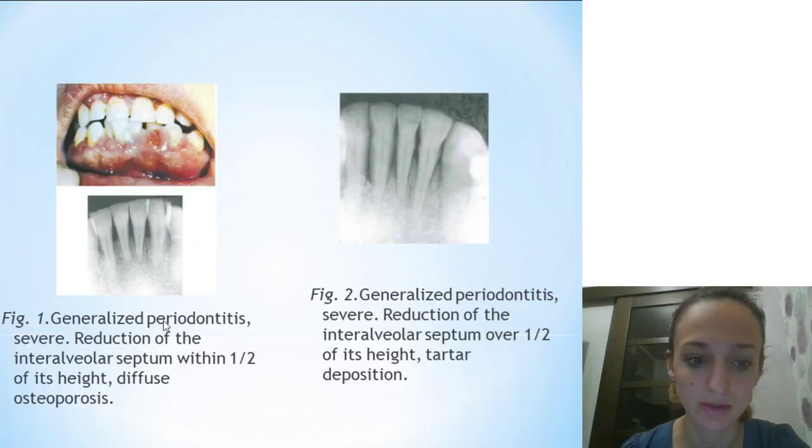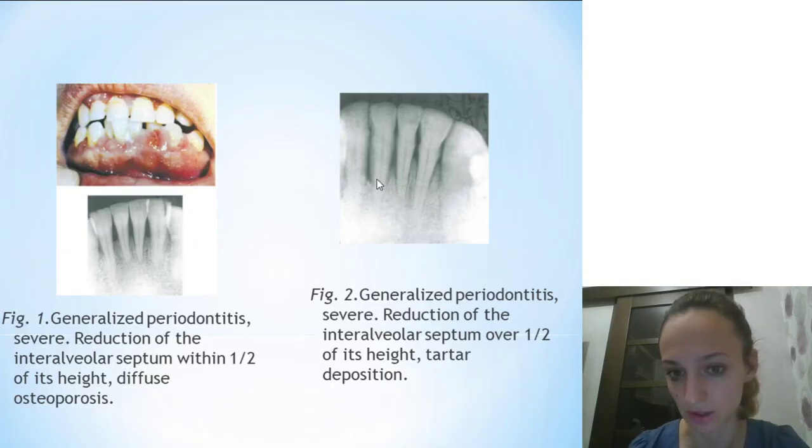There is reduction of the interalveolar septum within one and a half of the normal level, and diffuse osteoporosis. Here look please.